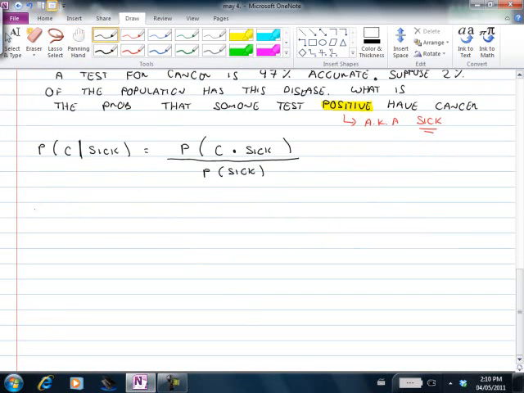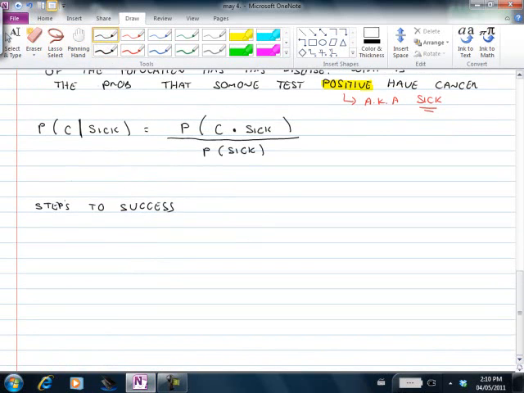Steps to success. S, double C, double S, you always succeed. Step 1: draw a probability tree. That's the first thing you're going to do.